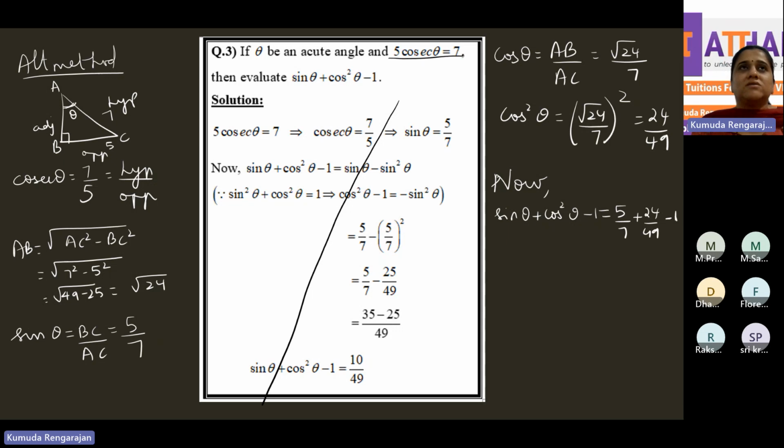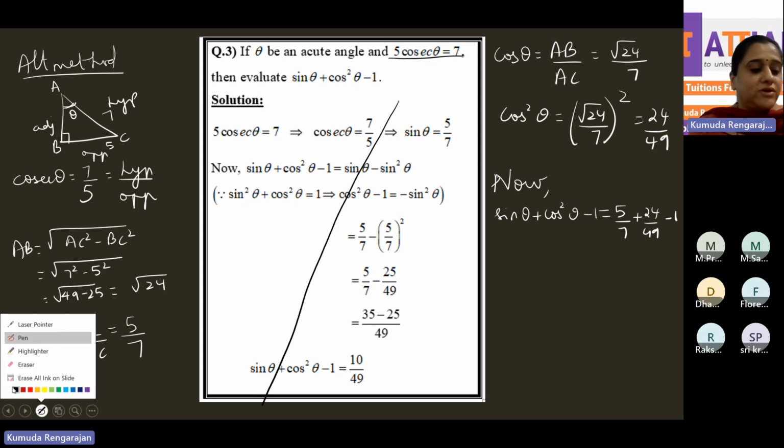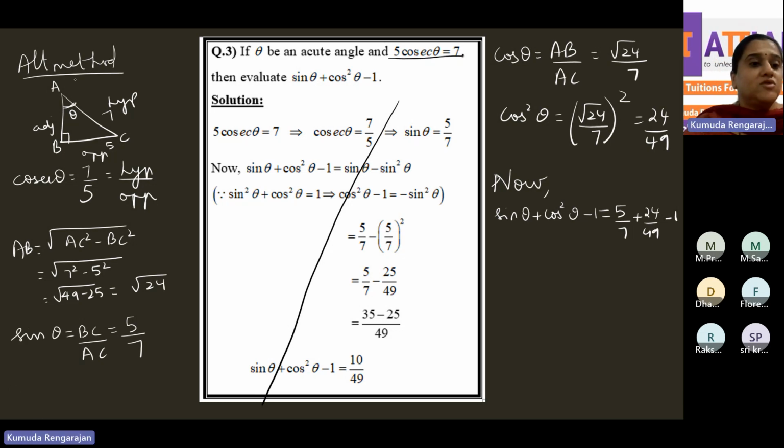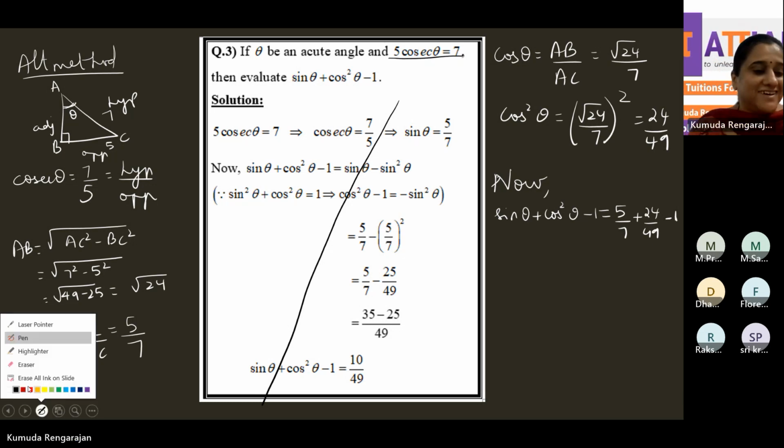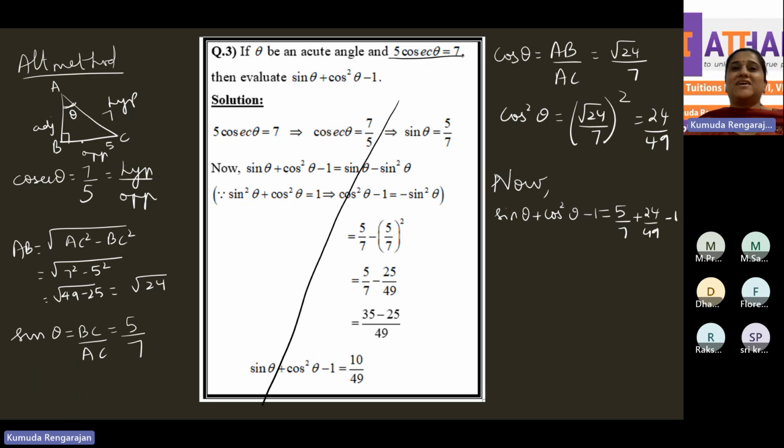That's the first step. So we know that whenever we have a ratio, we'll have to use a right triangle. Correct? You can see the right triangle here.